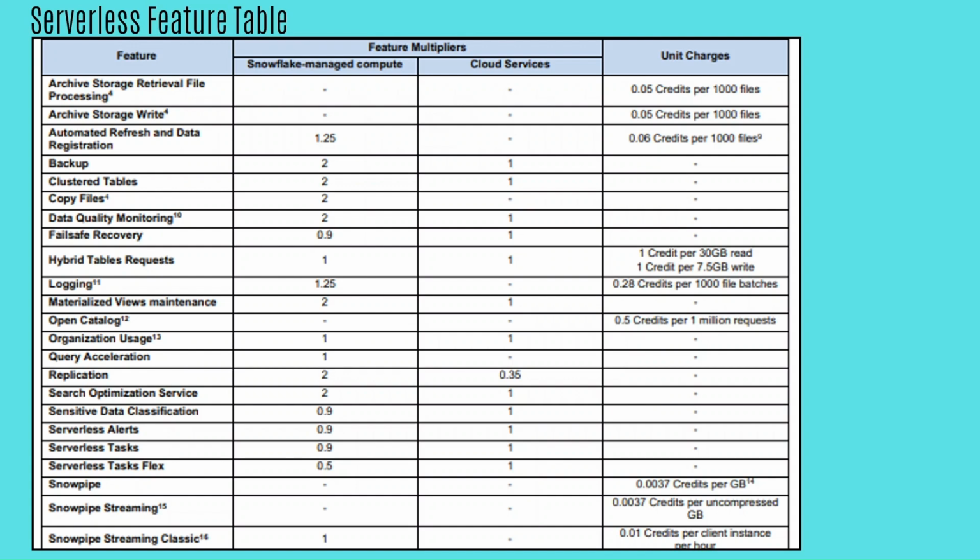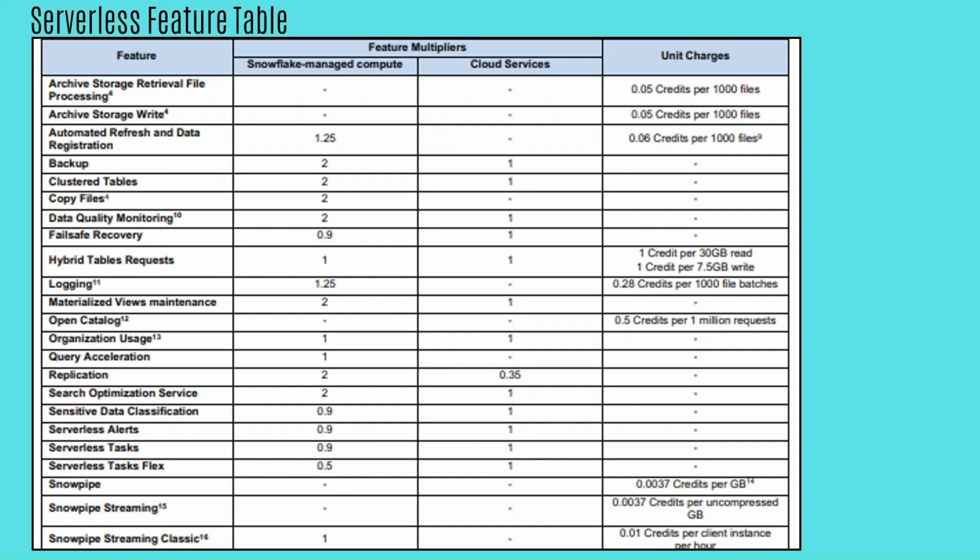Now you have materialized views, you have clustering, clustered tables, you have hybrid tables, and along with your virtual warehouses, you have enabled query acceleration also, the query acceleration service. So when all those services have to be done, all those things will be taken care of by your cloud service.